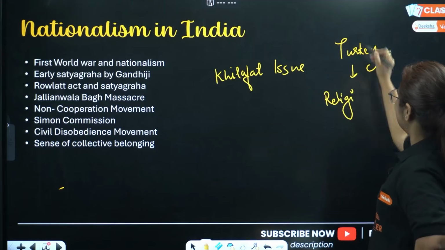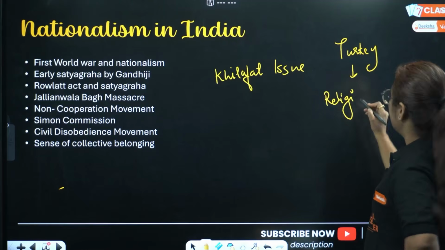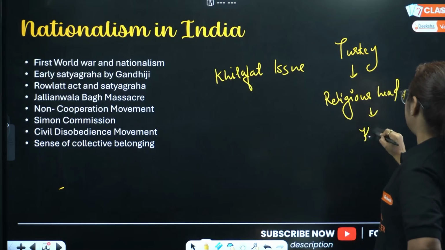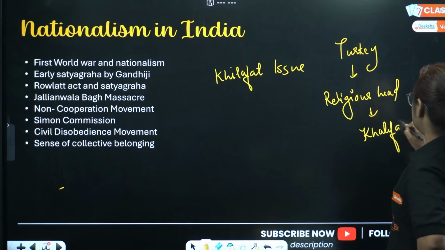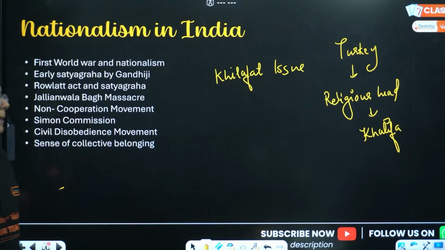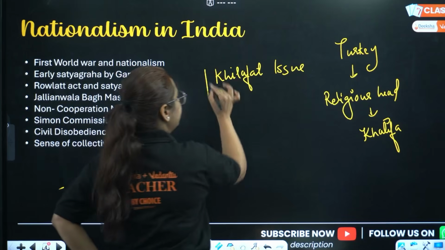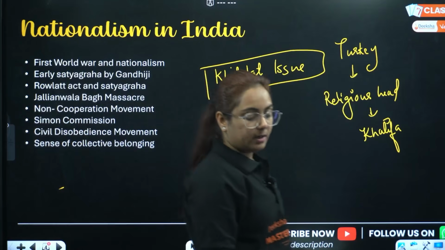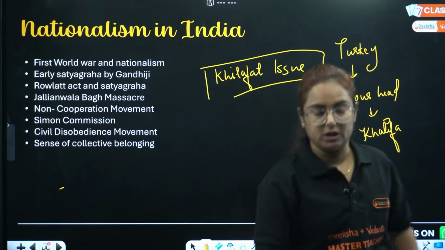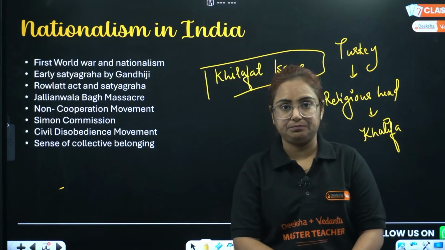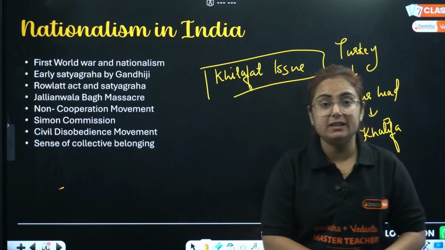In the Central Powers, there was a nation, Turkey, and it was part of the Ottoman Empire. The religious head of this Ottoman Empire was the Khalifa, from whom all the territorial powers were taken, and the Muslim community was not at all happy about this. The Ali brothers, Muhammad Ali and Shaukat Ali, made an organization, the Khilafat Committee, and asked Gandhiji to help.